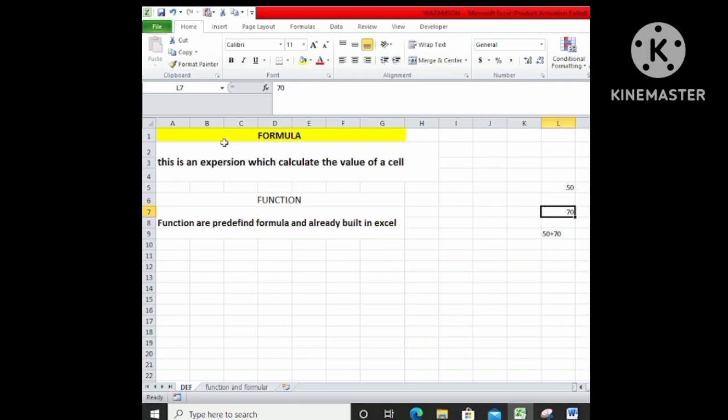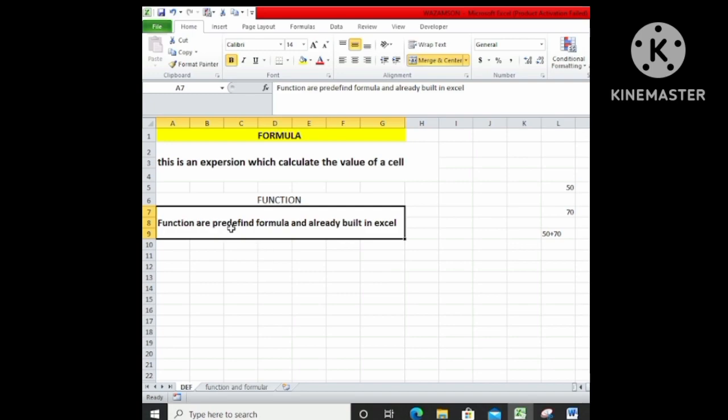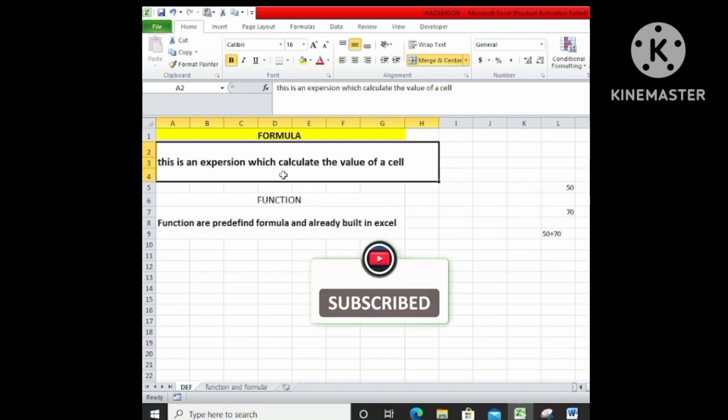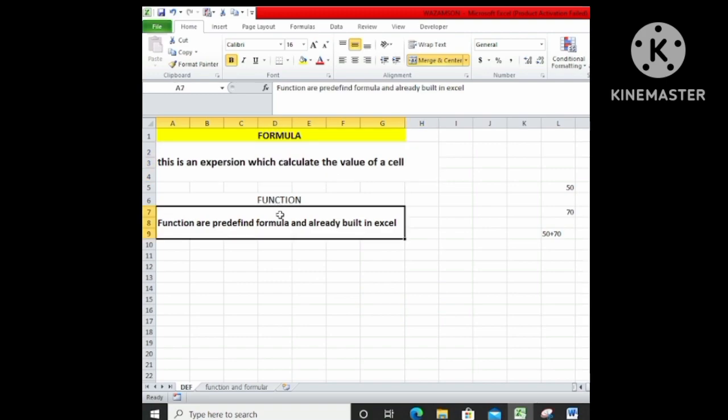So a formula is an expression which calculates the value of a cell. And a function is a predefined formula that is already built in Excel. So you can see that with a formula, you, the end user, are going to input the formula, while a function is already built in Excel.